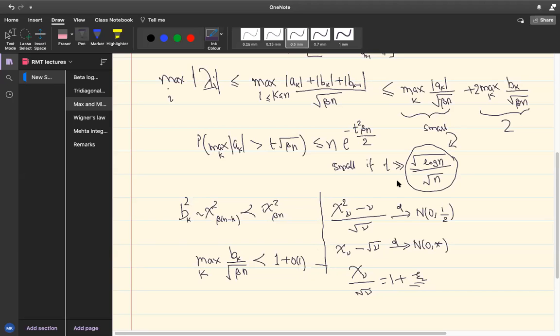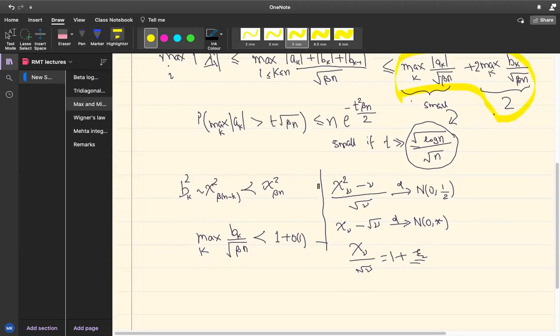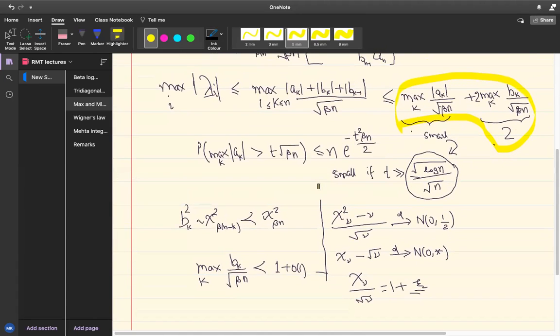So with all this, I just gave an argument, maybe more detailed than needed, that this quantity is actually not going to be much larger than 2. It tells us probably something like less than or equal to 2 plus square root log n over square root n with high probability.